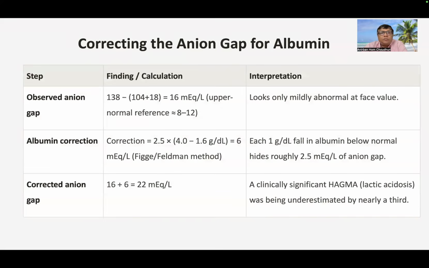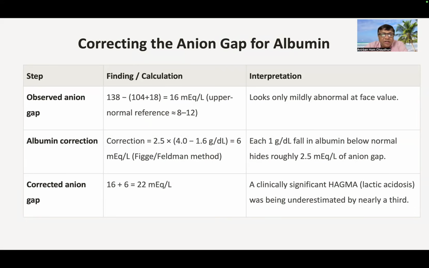Is it really so? Now here the observed anion gap is 16, it is true, which looks mildly abnormal at face value. But we also see that the albumin is 1.6, and each 1 gram per deciliter fall in albumin below normal hides roughly 2.5 milliequivalents per liter of anion gap.